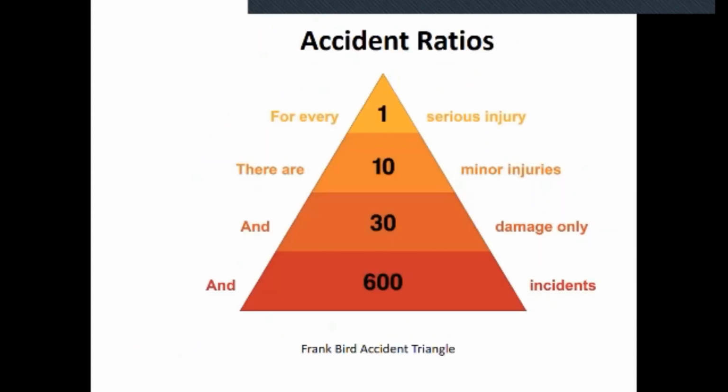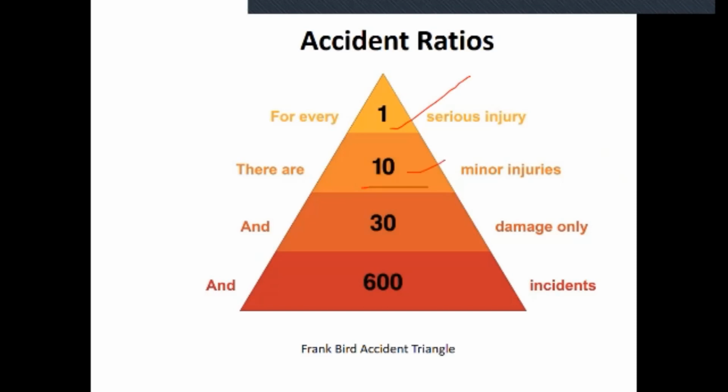Okay, the accident ratio, this is the Frank Bird accident triangle. One of the principles introducing this concept is known as the Frank Bird accident triangle. What this accident ratio explains, for example, is that for every one serious injury, there are 10 minor injuries automatically.